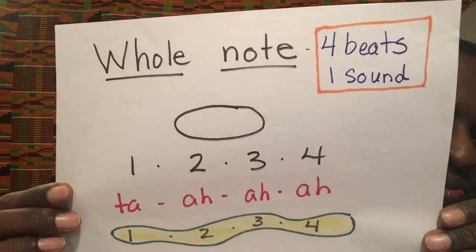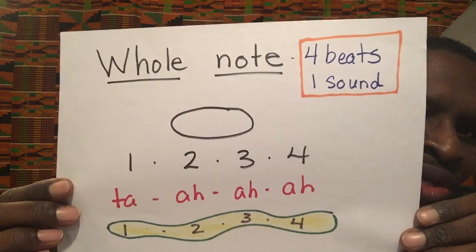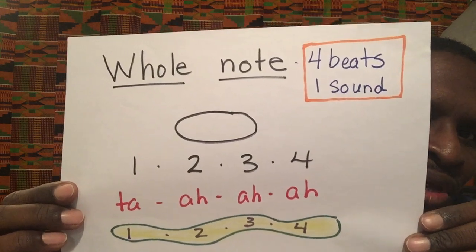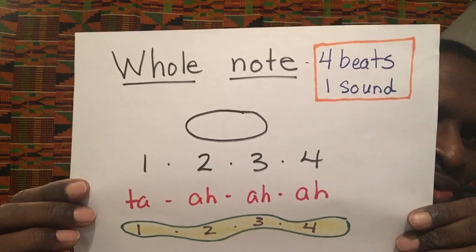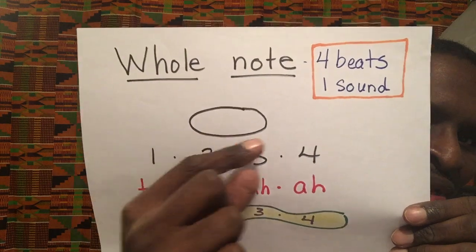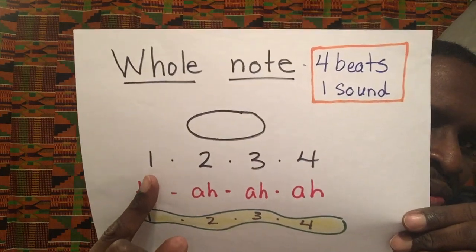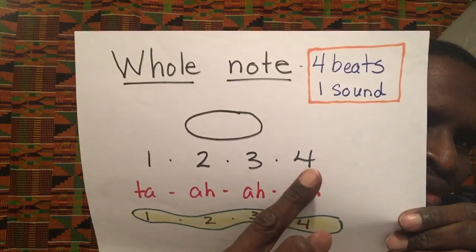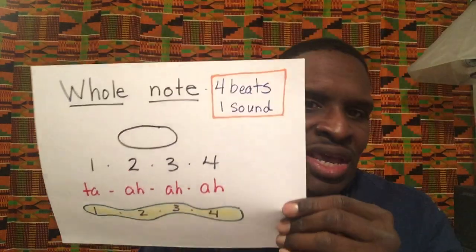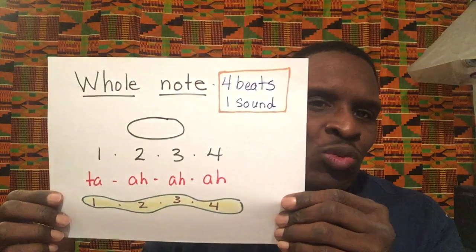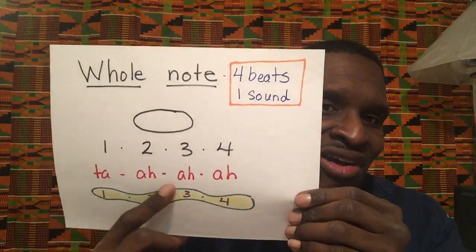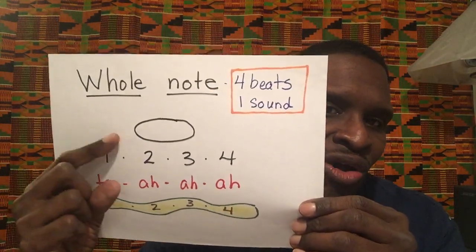Let's start with the whole note. The whole note gets 4 beats, but there's only one sound. So a whole note is an oval, and then you have 1, 2, 3, 4 beats. But it's one sound. And so what we're going to do is sing ta, our singing syllables for our whole note.